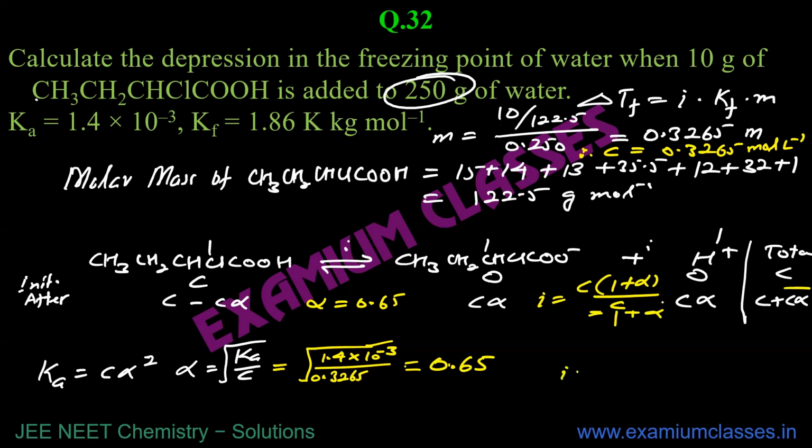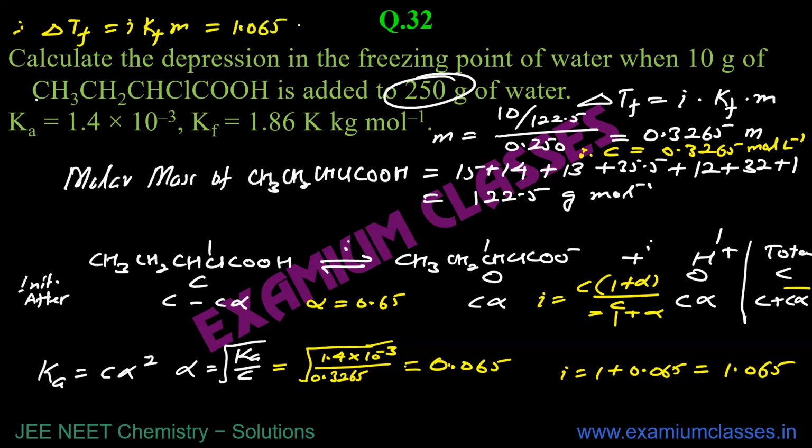It means i will be equal to 1 plus 0.065. I have written here 0.65, but it will be 0.065. That is 1.065. Now you can use all the values to get the answer, delta Tf. So hence delta Tf will be i Kf m. i will be 1.065.